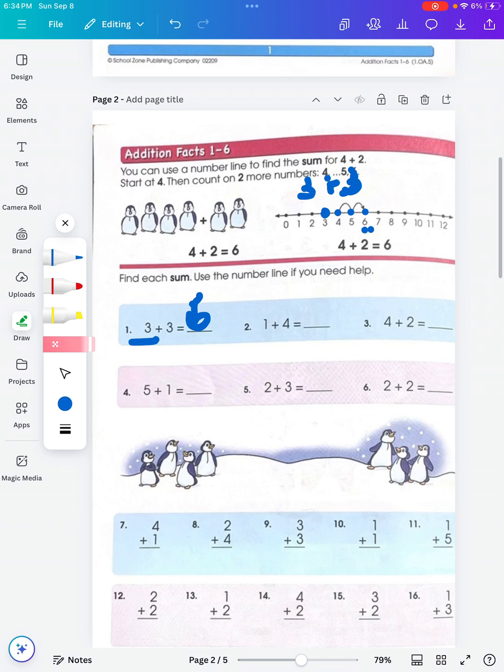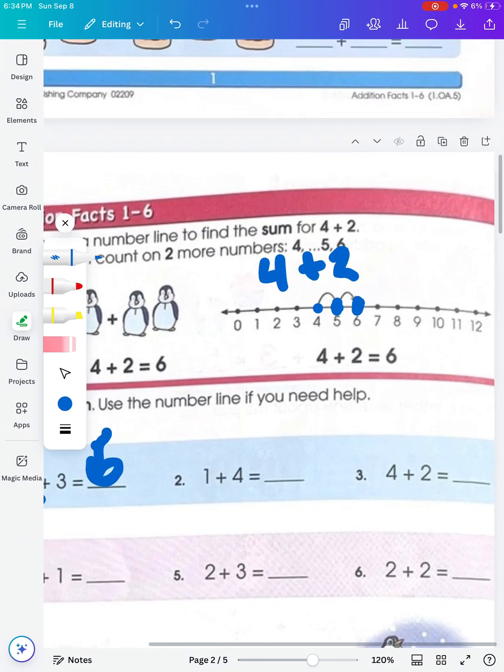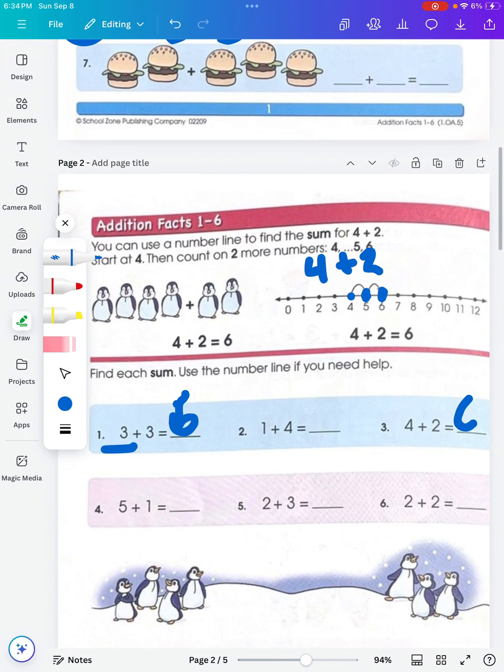Okay, now we'll answer question number 3. So our question is 4 plus 2. So we'll start on 4 and add 2 more numbers. 4, 5, 6. So 4 plus 2 equals 6.